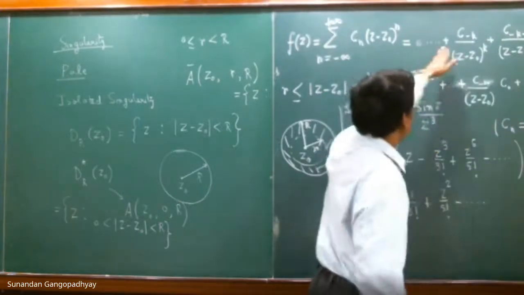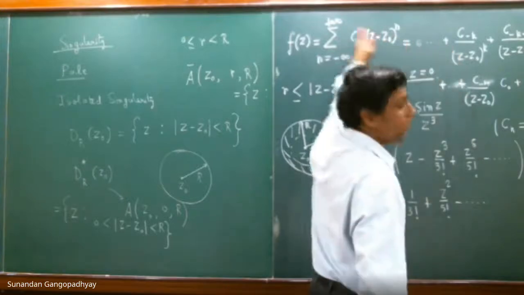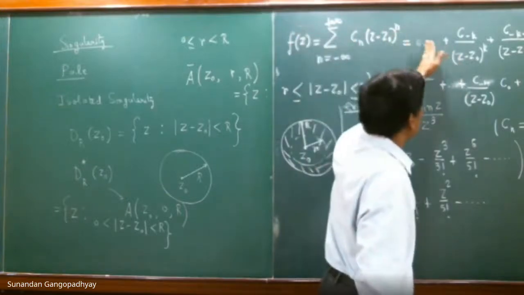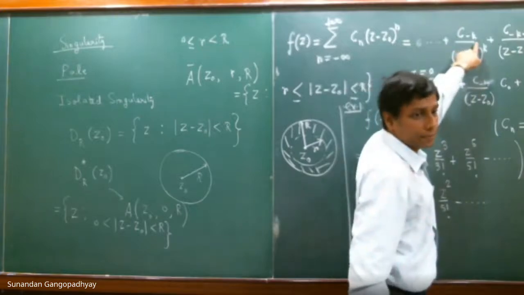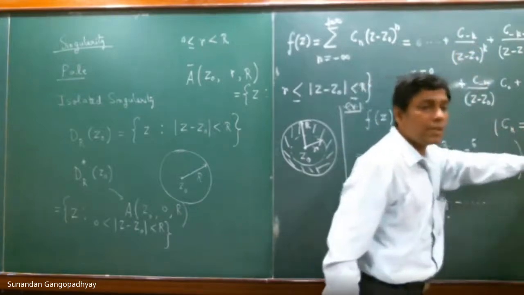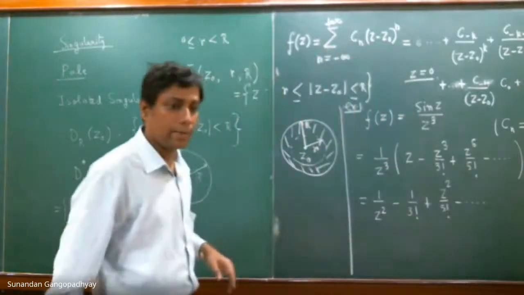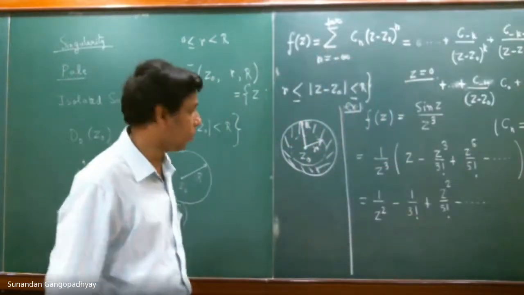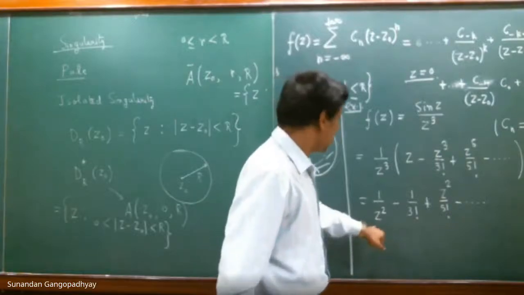So all the terms from this side, if I go to the left, the value of n for all these terms is less than minus k, right? So if all those coefficients vanish, then the function is said to have a pole of order k. The singularity structure is a pole of order k. And you can see what is happening here. You can see that it has a pole.